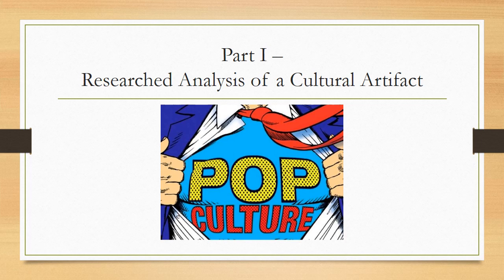So in a class like English 101, we talk about the major societal issues, and we try to come up with creative ideas, creative solutions for approaching them, but that can become old very quickly. So the cultural artifact gives us a new way of doing that.